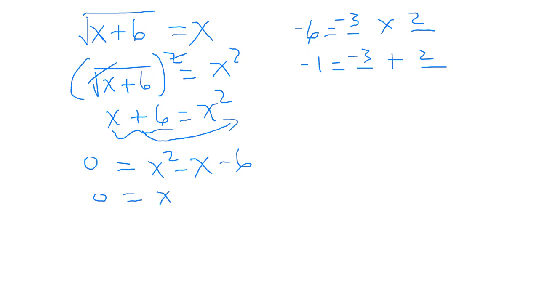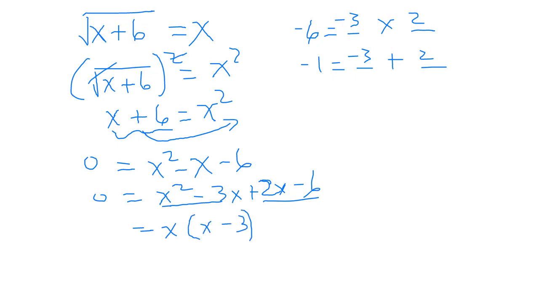So 0 equals x squared minus 3x plus 2x minus 6. So you pick these two, you pick those two. x minus 3 plus 2 times x minus 3. Again, these two should be the same in the parentheses.